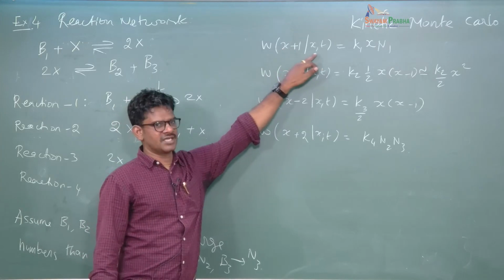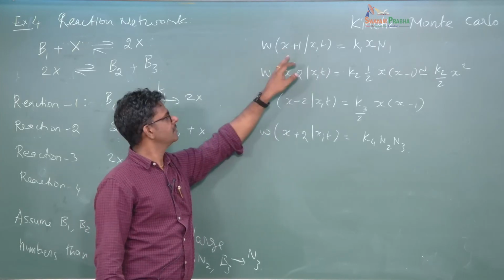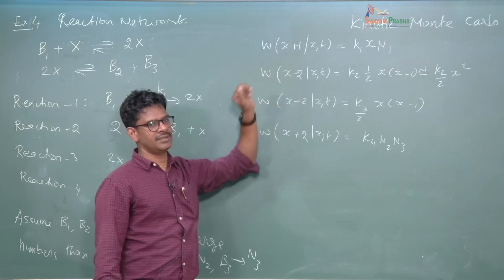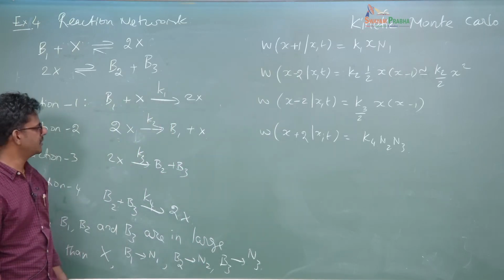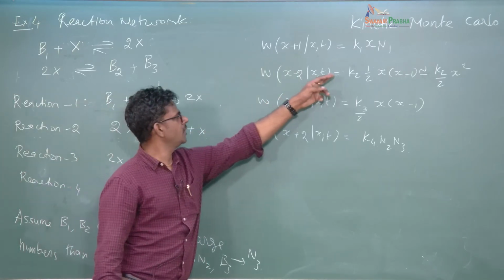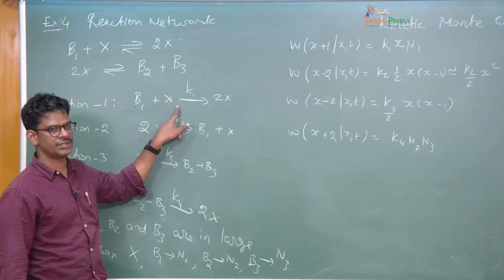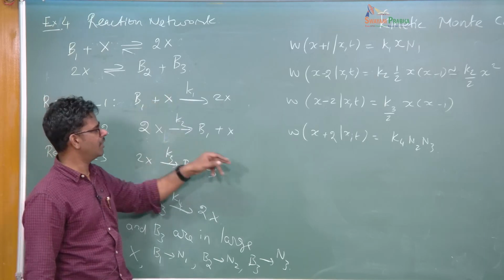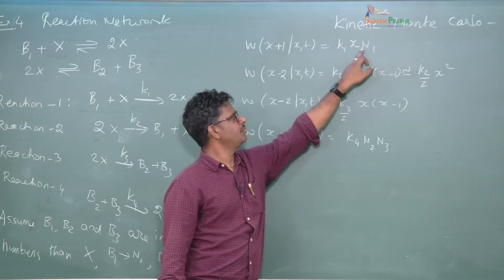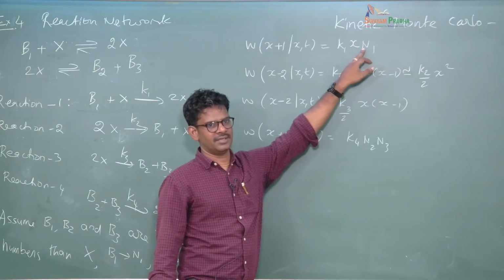When the state is X comma t, if the first reaction happens, X will go up by 1. And what is the rate of that? The rate is going to be K1 times the concentration of B1, times the number of molecules of X. The number of molecules of B1, I say N1, and I am going to keep this as a constant.